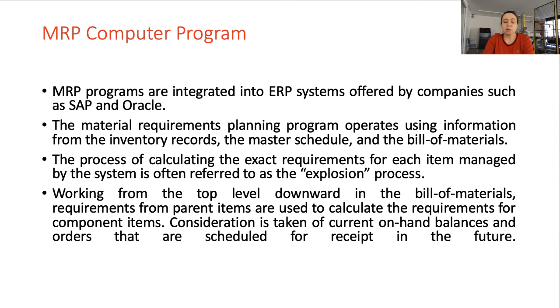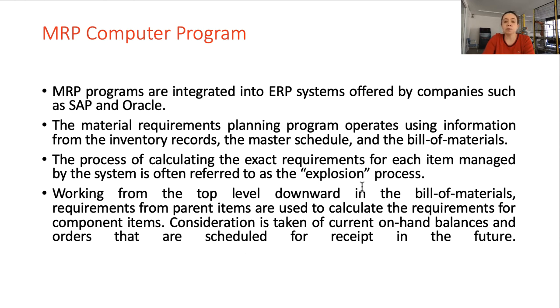MRP programs are integrated into ERP systems by companies such as SAP and Oracle. The MRP system operates using information from the inventory records, MPS, and bill of materials. The process of calculating the exact requirements for each item managed by the system is often referred to as the explosion process.